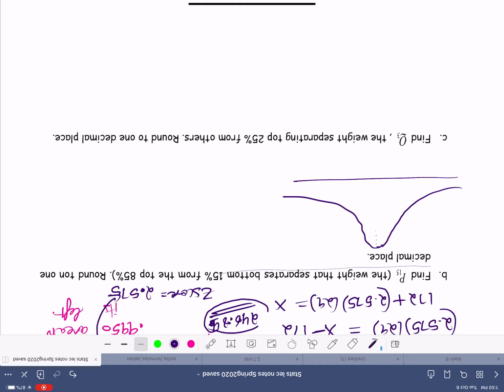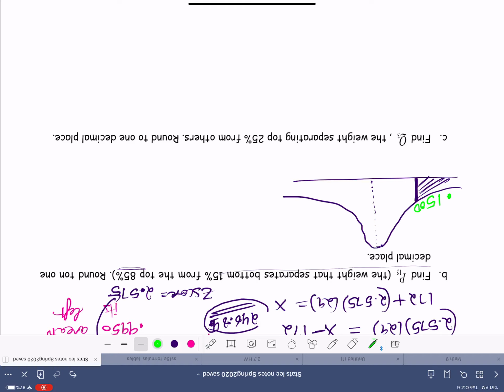So I know in the middle, this is my separating 50%, top 50% and bottom 50%. But we were talking about the bottom 15% that would separate the top 85%. So bottom 15%, 15% means how much area is to the left. That would be 15% area to the left.